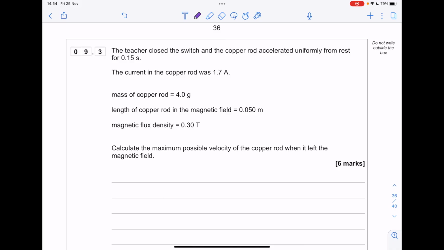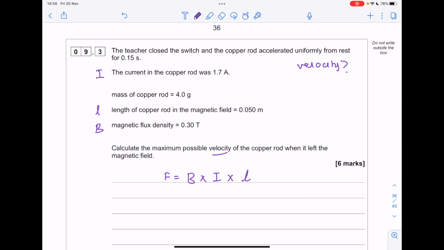This is the equation you need, which is force on the conductor equals magnetic flux density times current times length. Now our end goal is to find the velocity, but we're nowhere near being able to do that yet because this equation obviously doesn't have velocity in it.